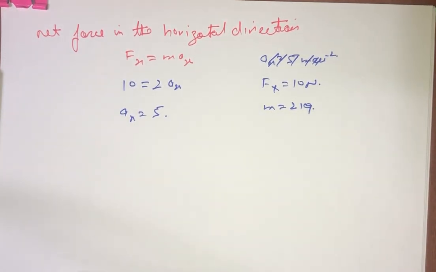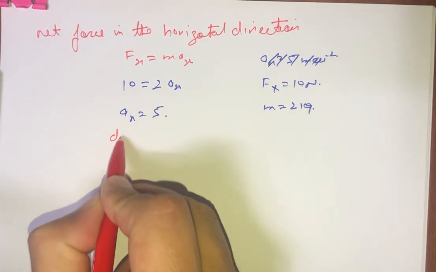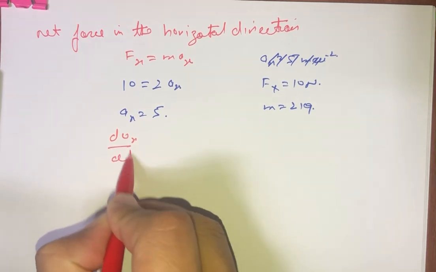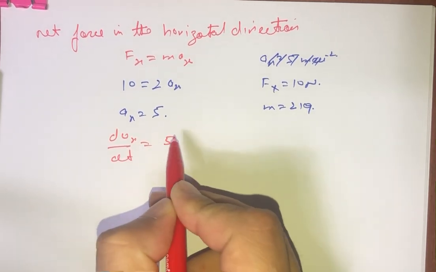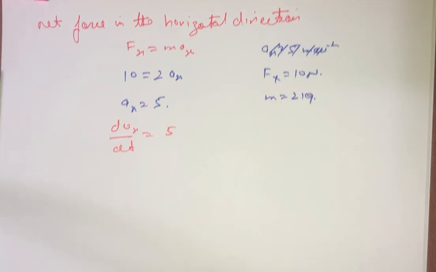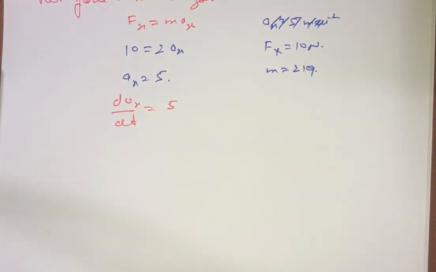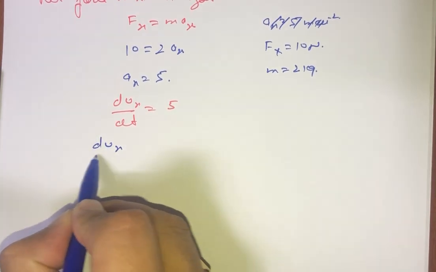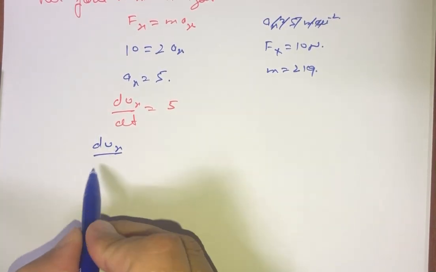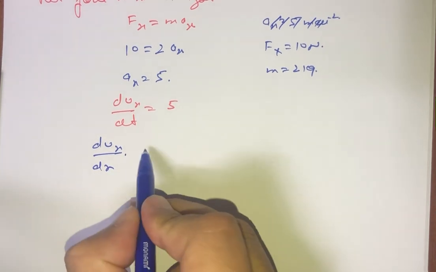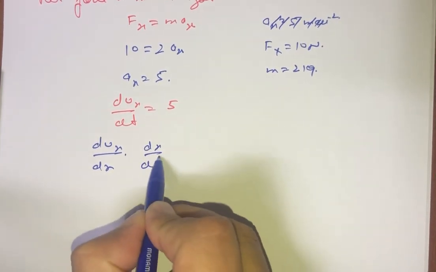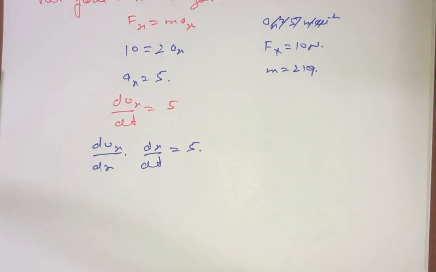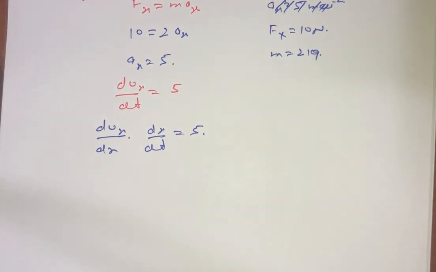So we can write Ax as the derivative of velocity in x direction with respect to time, equal to 5. This can be further written as vx dvx by dx is equal to 5, since dx by dt is nothing but velocity in x direction.